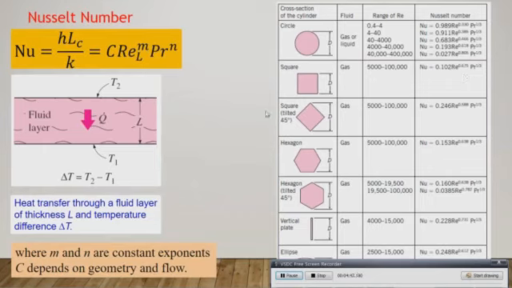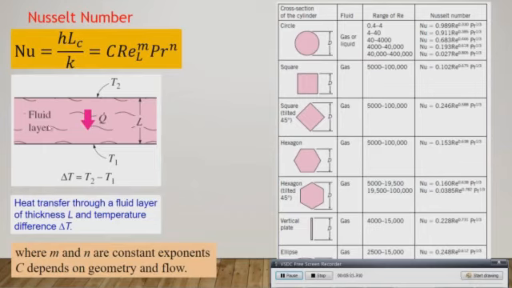For any case, first we need to check the type of geometry. All these are the very basic or standard geometries. In real practice, sometimes the geometry might be a combination of, for example, a circle with a vertical plate, and then of course the Nusselt number and the Reynolds number will change.